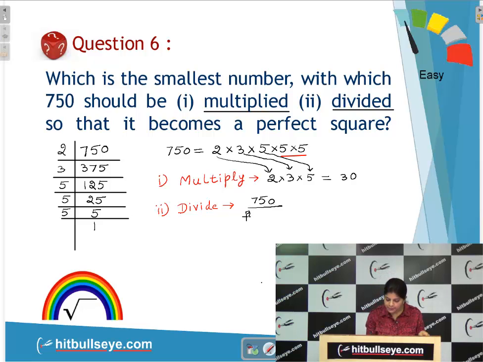So we are not able to complete the pair of 2 and of 3 and of 5. Hence we divide with a 2, a 3 and a 5 and eliminate it. So we must divide with the same number 30. Now let's see the next question.